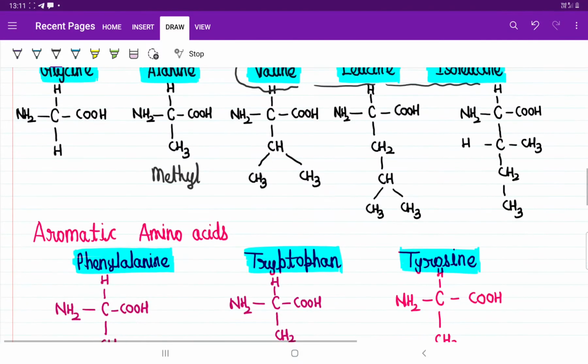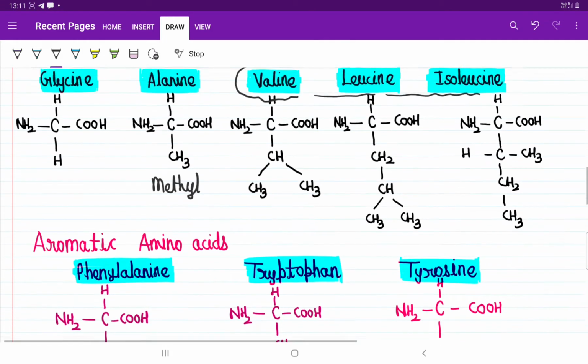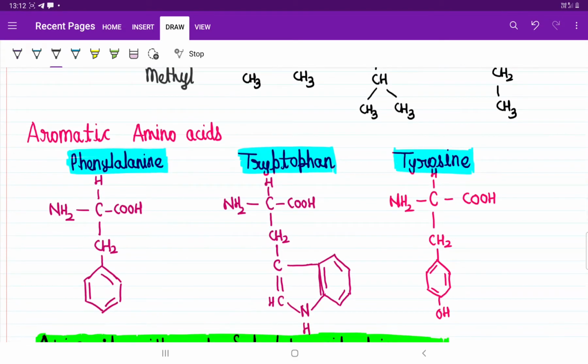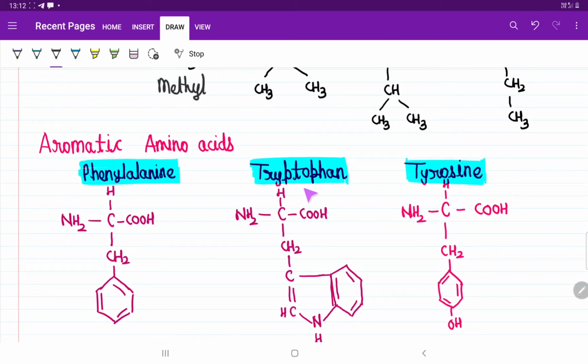Next are the aromatic amino acids. Aromatic amino acids means they have an aromatic ring present, isn't it, students? Like phenylalanine, tryptophan and tyrosine. Phenylalanine has one ring.